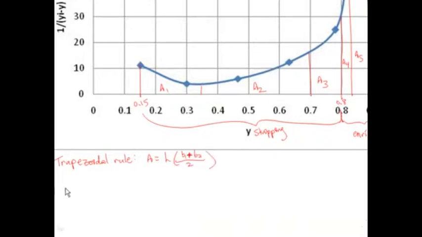So for instance, for area 1, I have the height equals 0.35 minus 0.15, and that equals 0.2. B1 equals 11. We'll go across here, we get 11. B2 equals 4. So A1 equals 1.5.